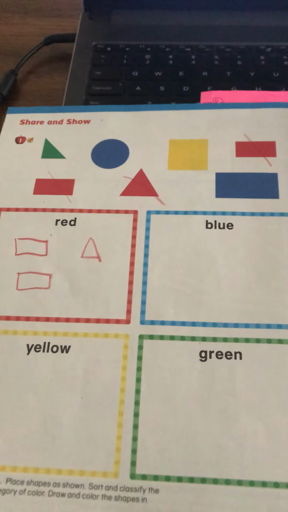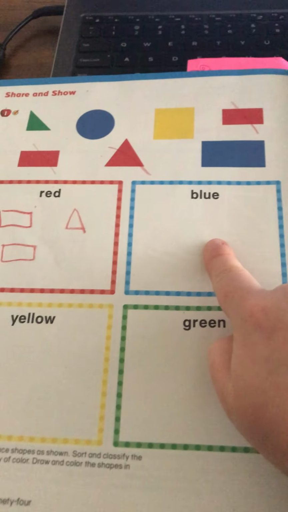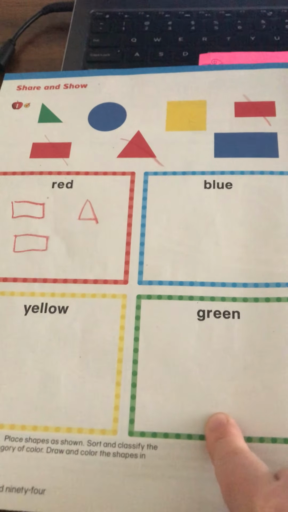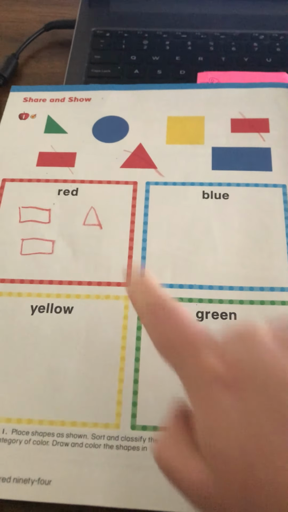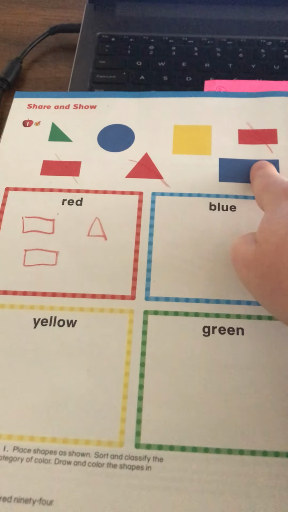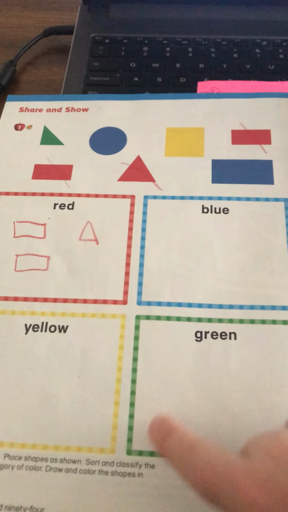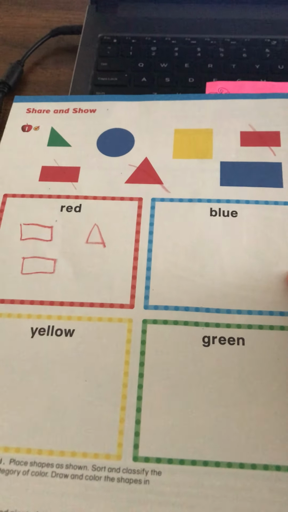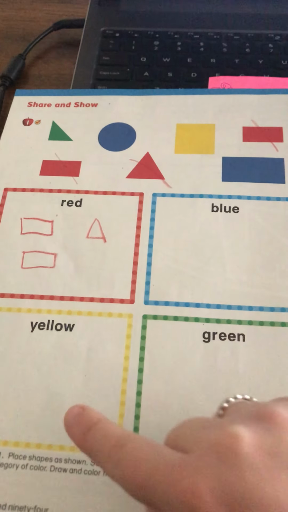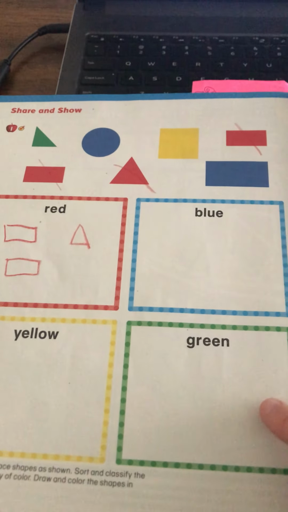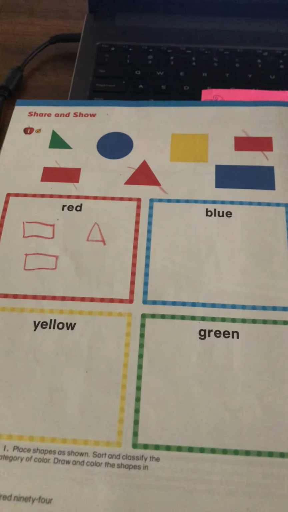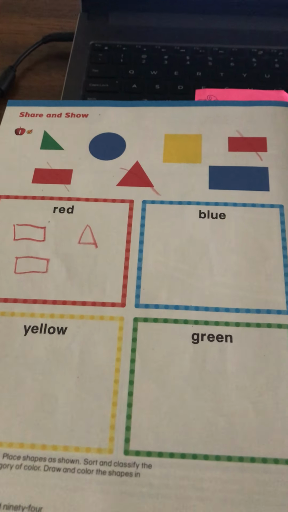Do the exact same thing with a blue crayon, a yellow crayon, and a green crayon, and move your shapes from the top into the boxes, sorting by color. So put your blue shapes in the blue box, yellow shapes in the yellow box, green shapes in the green box. Sorting by color.